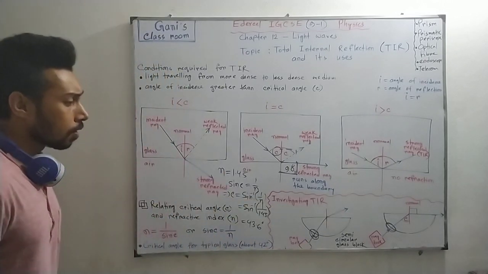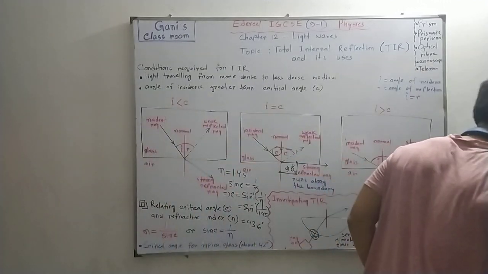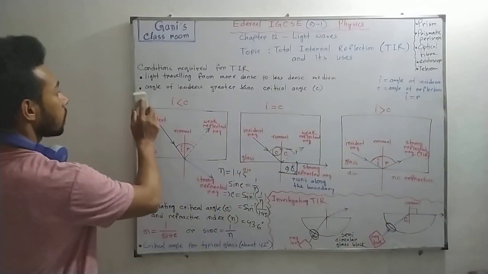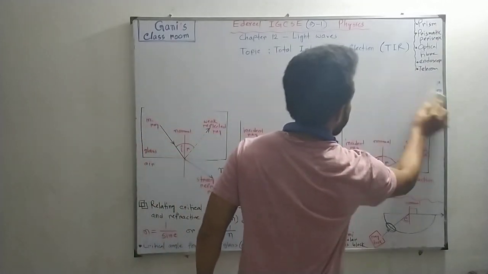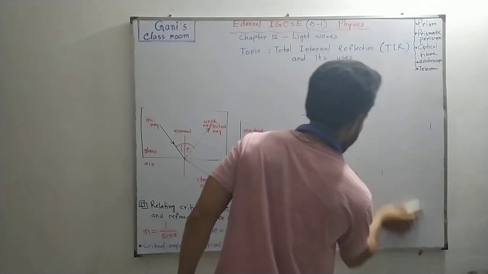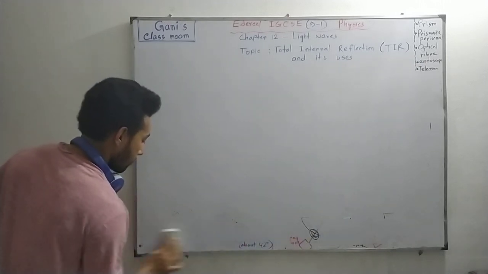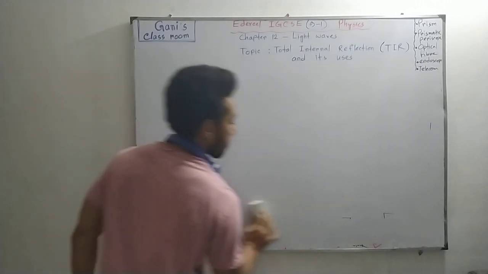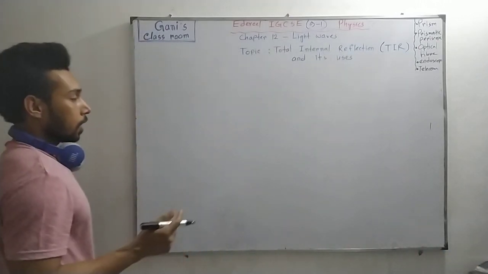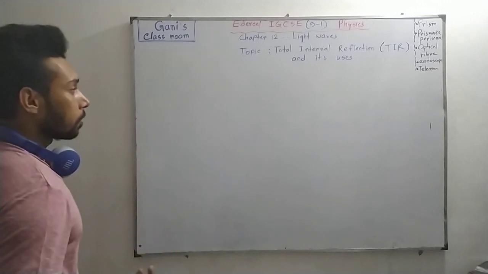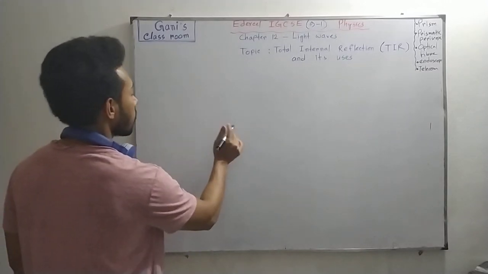Now we are going to discuss the uses of total internal reflection. Now we will see total internal reflection of light in a prism.